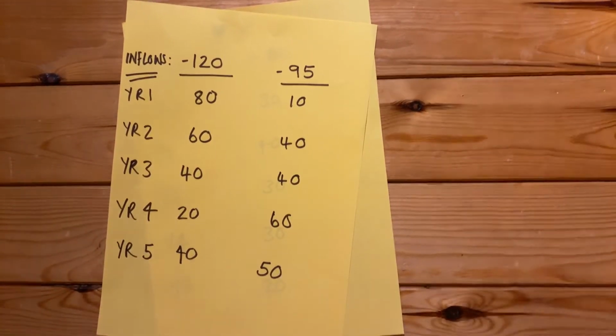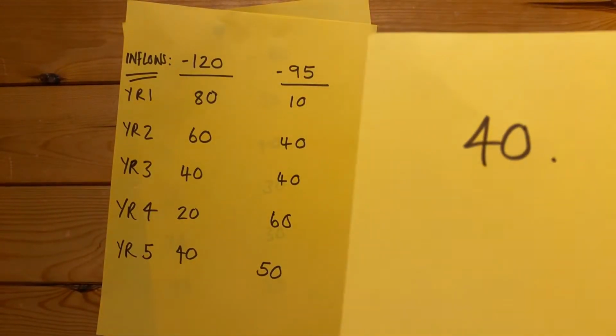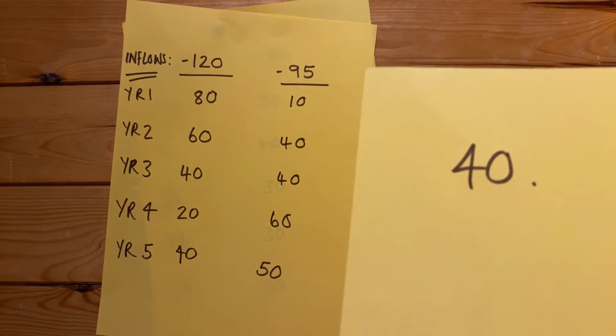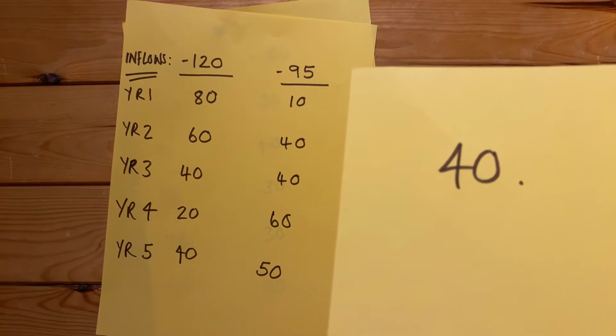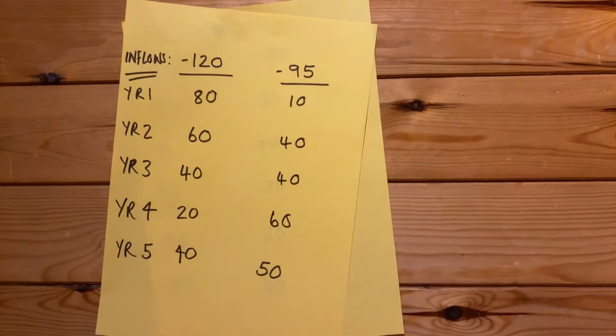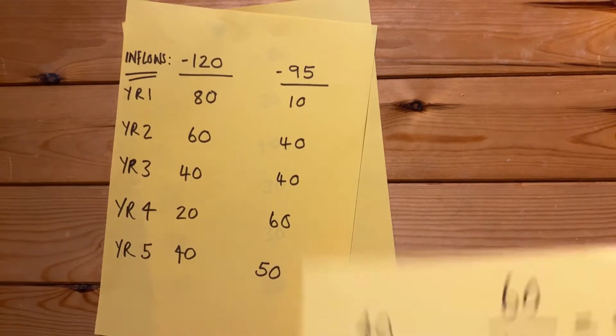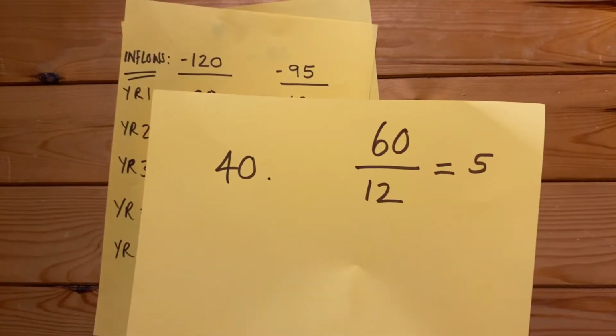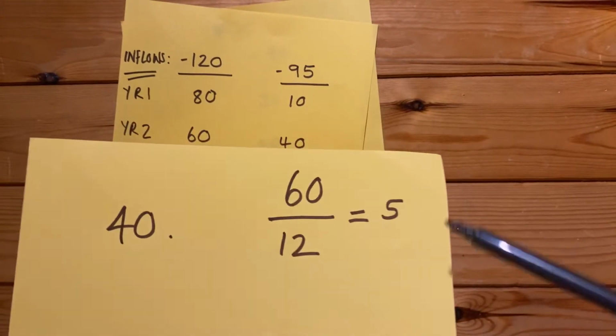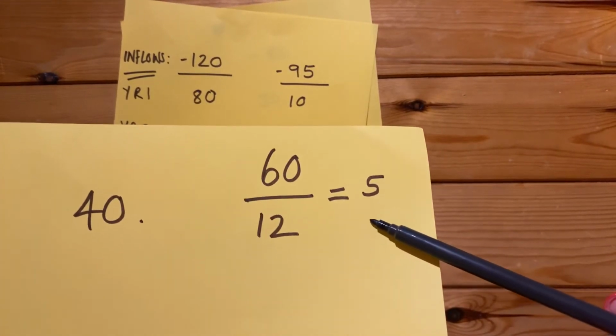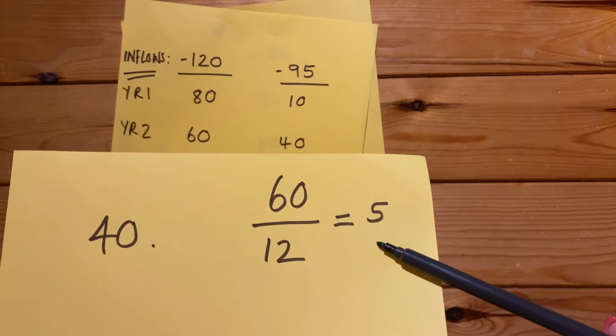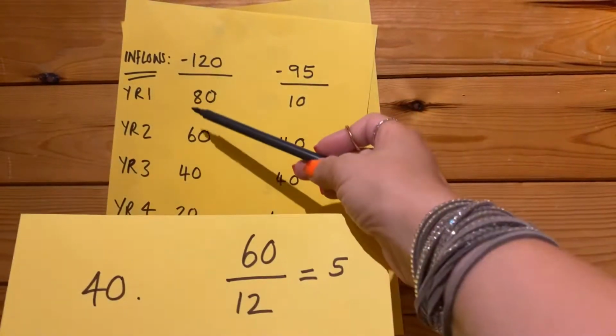Now, if we only need 40, how many months is that going to take us? Well, if we pay back 60 in a year, and we divide 60 by 12, it gives us 5, yeah? So 5 per month coming in, which times 12 gives us 60.